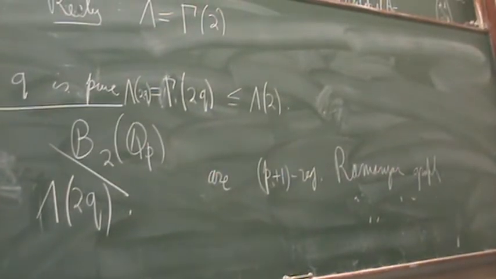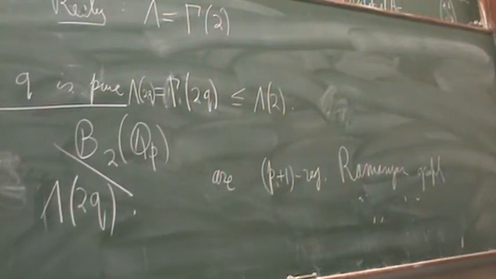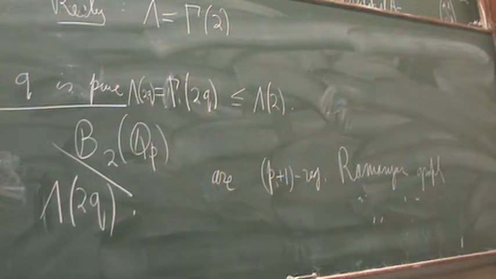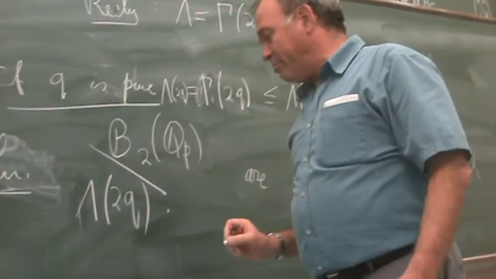Principal congruence subgroup? No, any congruence subgroup. You can get a bound for any congruence subgroup, because what is Ramanujan? All eigenvalues are in some interval. If it's true for the principal one, it follows for the others. Here the principal ones are nicer to start with. But okay, so this is Ramanujan.